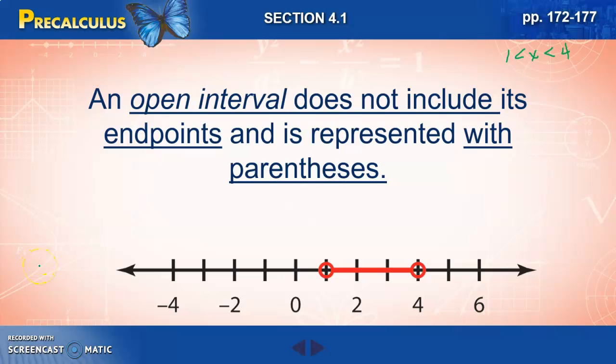So closed endpoints use square brackets, and open endpoints use parentheses. So here's an example where it looks like an ordered pair. But again, the context of the question would tell us that this is the open interval 1, 4, with 1 being our left endpoint and 4 being our right endpoint.